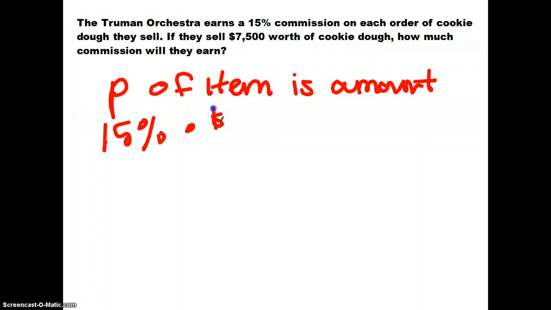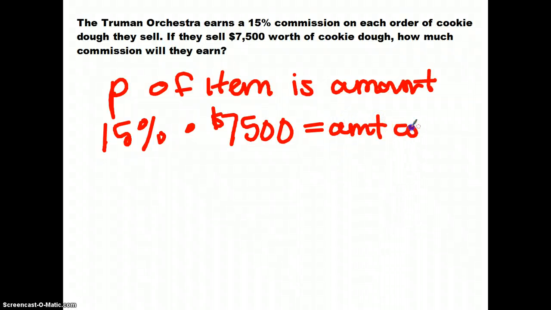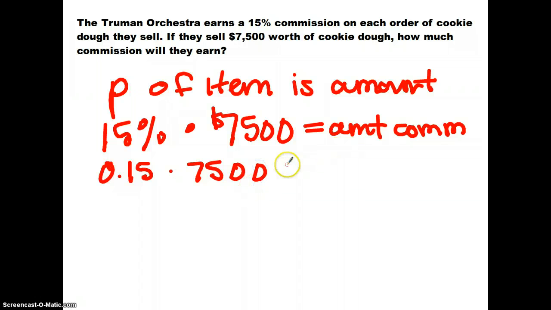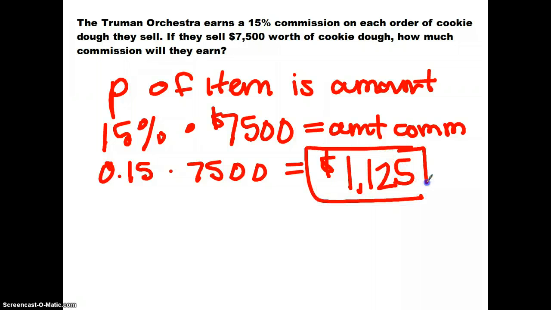My item is $7,500 of cookie dough, and I'm trying to find my amount of commission. Change this into a decimal, multiply it by 7,500, and I get my amount of commission is $1,125. Make sure you're using your calculator on these. There's no reason to do long multiplication and make an error.